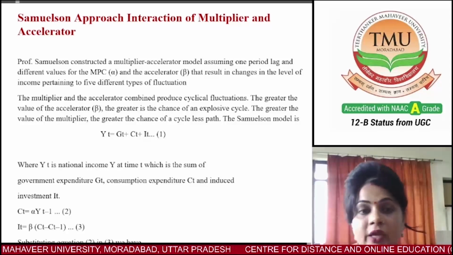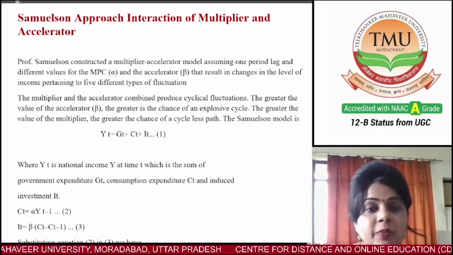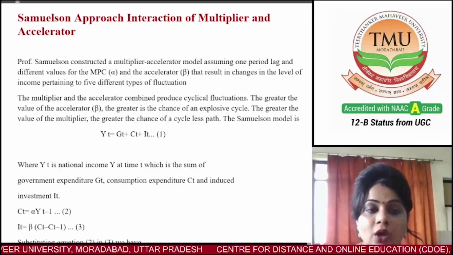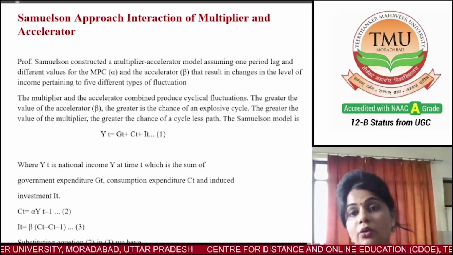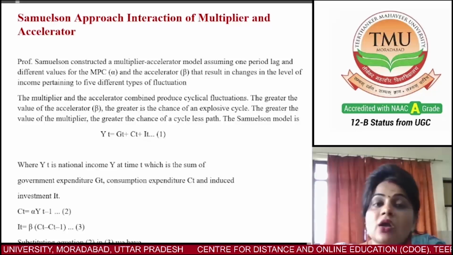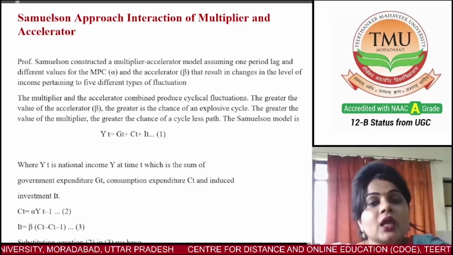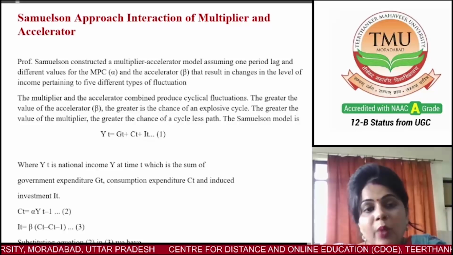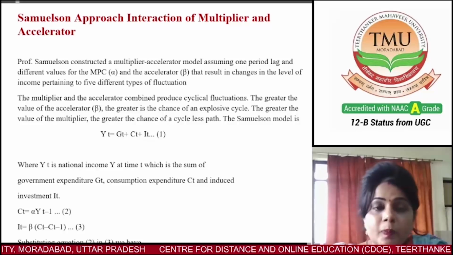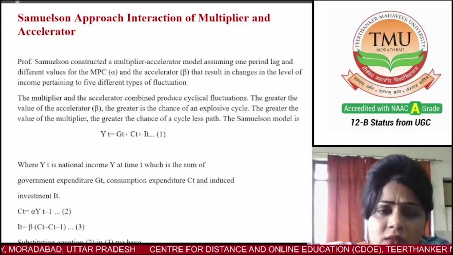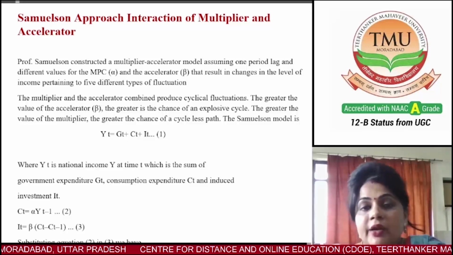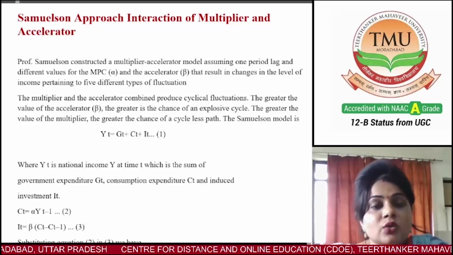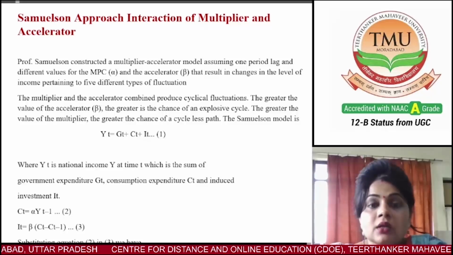The multiplier alone cannot adequately explain the cyclical and cumulative nature of economic fluctuation, as an autonomous increase in the level of investment raises income by a magnified amount depending upon the value of the multiplier. This increase in income further induces increases in investment through the accelerator effect.